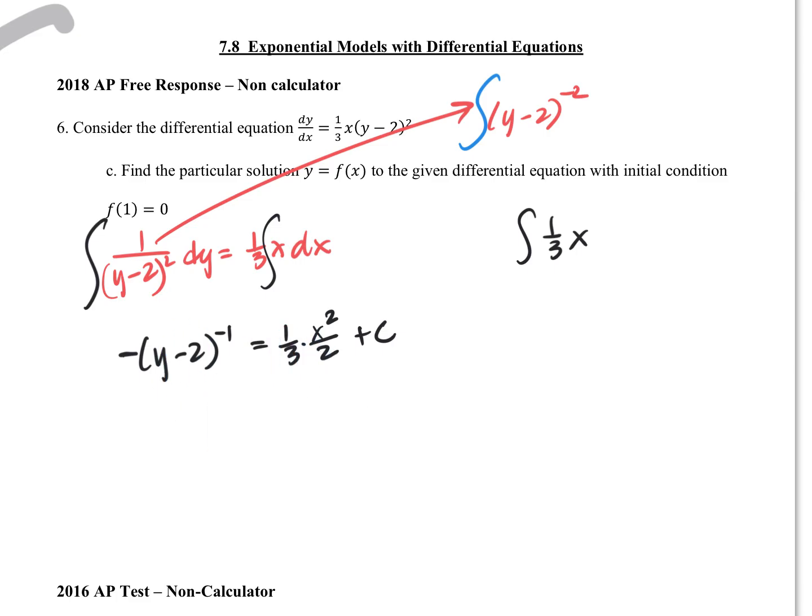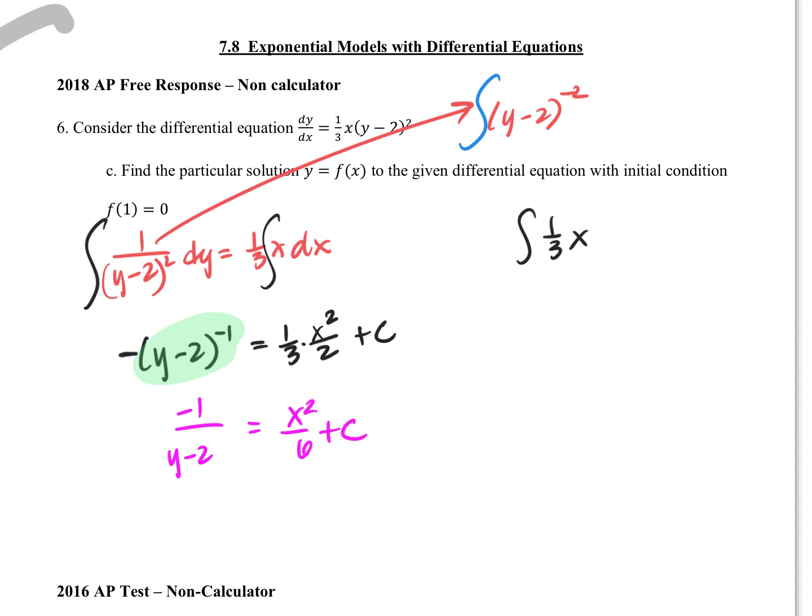So let's go rewrite this guy now. Where am I going to move that since I got a negative exponent? Back down. That negative's chilling on top. Negative 1 over y minus 2 to the first. I could even get rid of my parentheses because I just have y minus 2 to the first. That's nice. Equals, when I simplify this guy again, when we multiply those together, wouldn't that just be an x squared over a 6 plus a c?